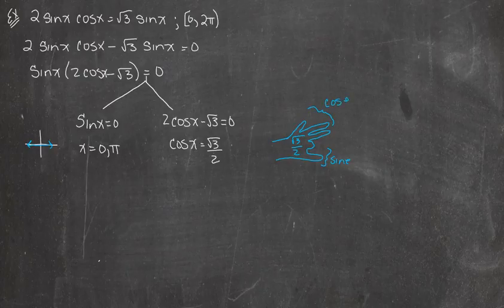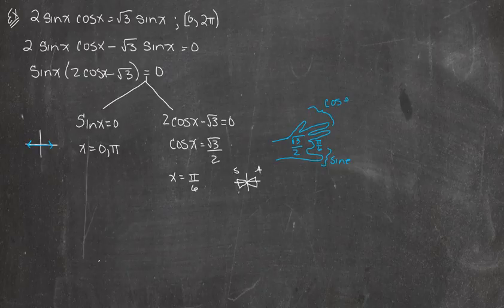And since we're looking for cosine, I know that I'm talking about a 30-degree or pi over 6 angle. So x equals pi over 6 and multiples of pi over 6, or excuse me, reference angles of pi over 6 wherever cosine is positive.